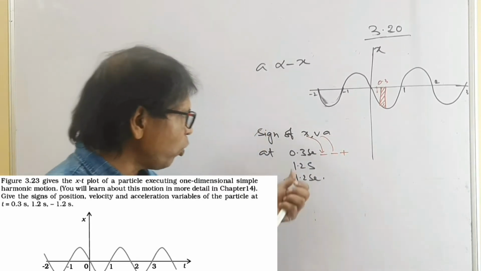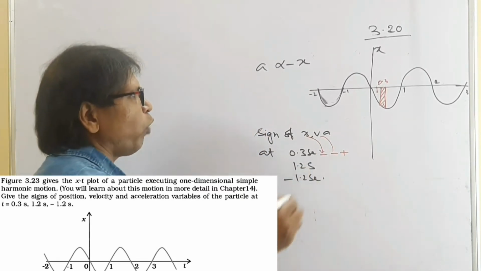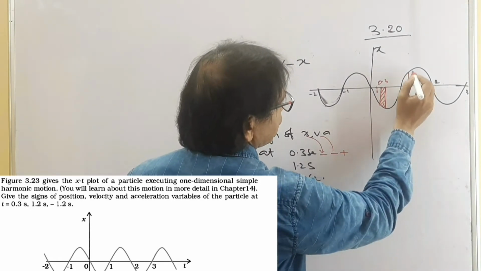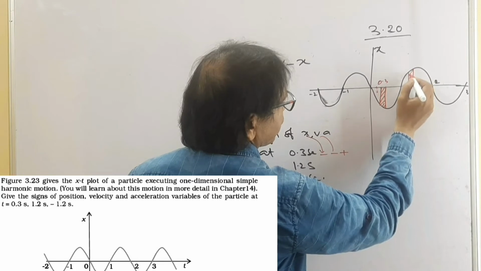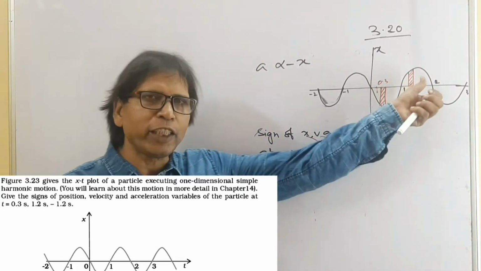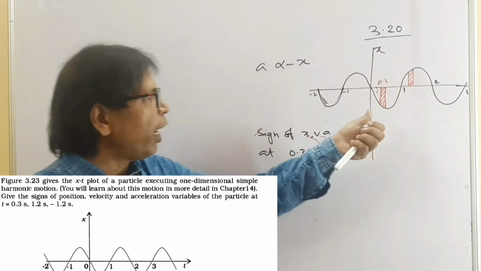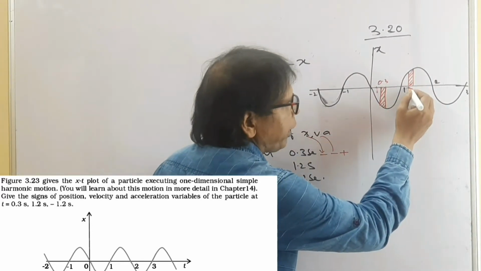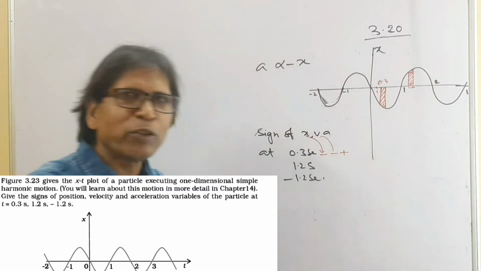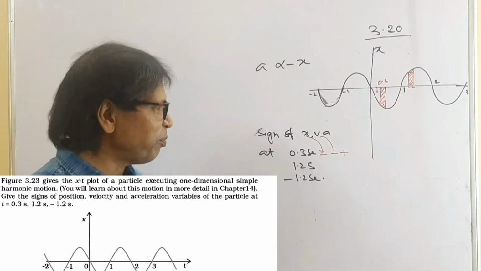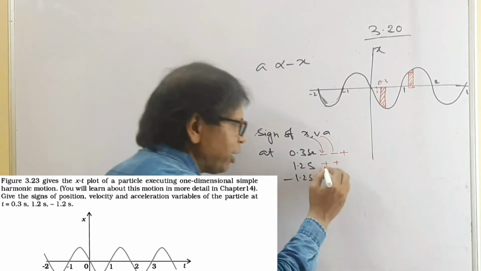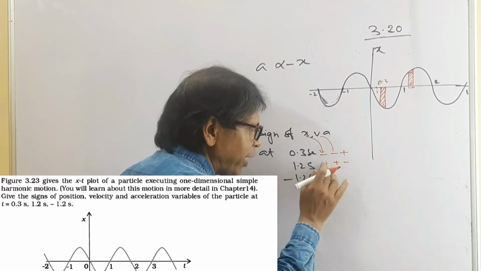Okay, now 1.2 second, look at this. Now draw a graph here. Obviously x is positive, no problem. Now if time increases, the displacement also increases, so velocity is also positive. Velocity positive, and as displacement is positive, acceleration is negative.